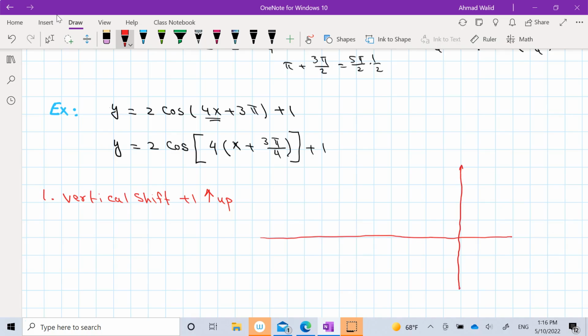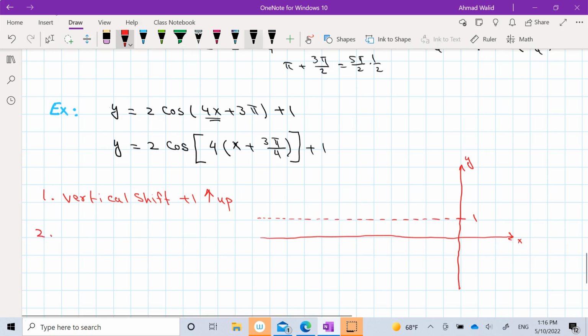I will explain why I moved it. This is x, this is y. Let's start with your vertical shift, up 1. If this is 1, draw somehow the new axis. You don't need to, but it's good because you want to find your points on it. It's good to have your new x-axis. You are done with vertical shift.